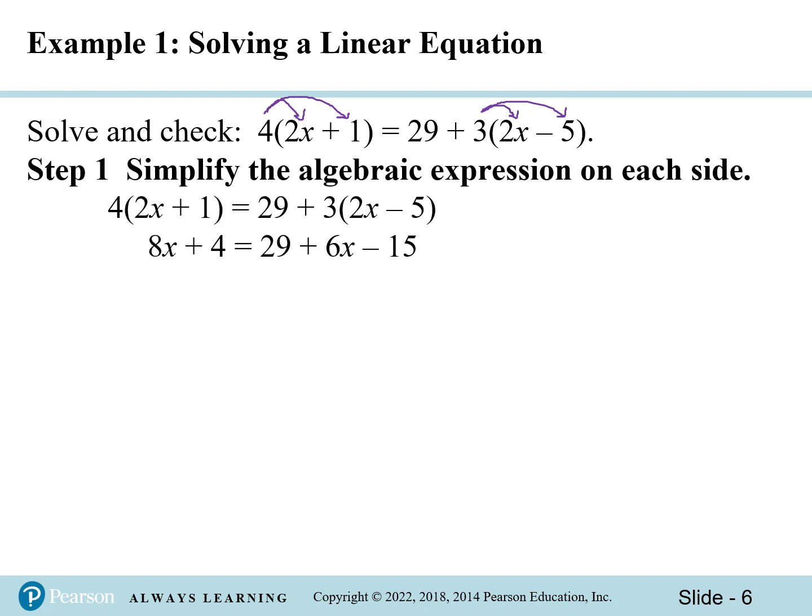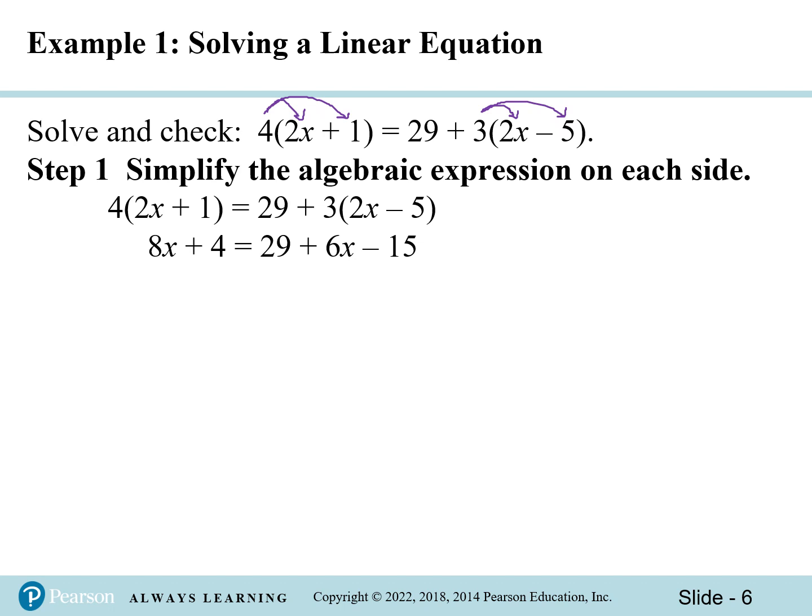So I will have 8x plus 4 equals 29 plus 6x minus 15, because 4 times 2 is 8x, 4 times 1 is 4, 3 times 2x is 6x, and 3 times negative 5 is negative 15.